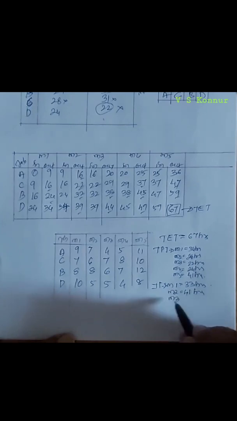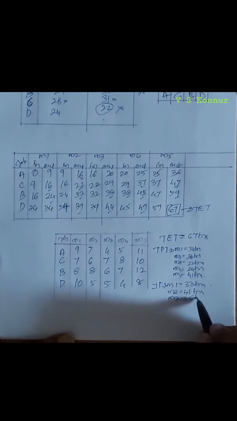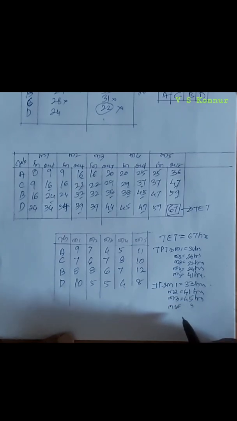Next for M3, 7 minus 2 it is 5, 6 minus 2 it is 4, 45 hours. For M4, 7 minus 4, 3, 6 minus 2 it is 4, 43 hours. For M5, 67 minus 41, 7 minus 1, 6, 6 minus 4, 2, 26 hours.